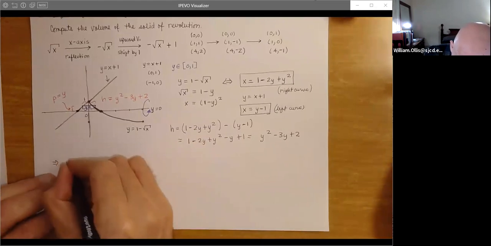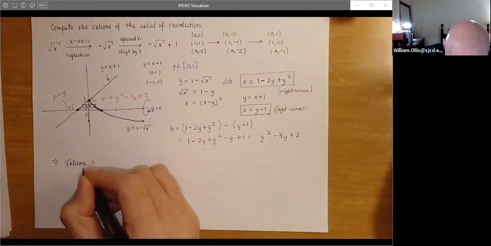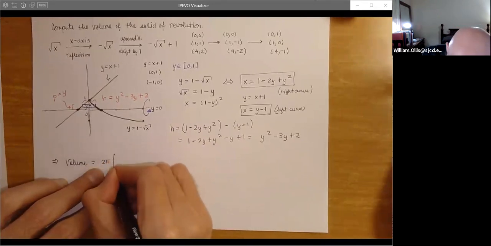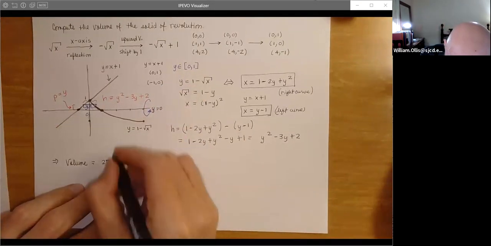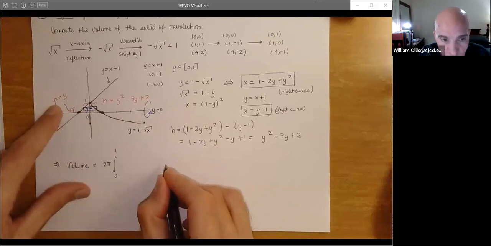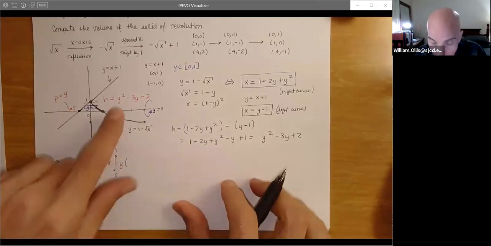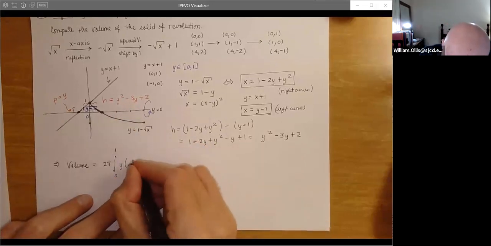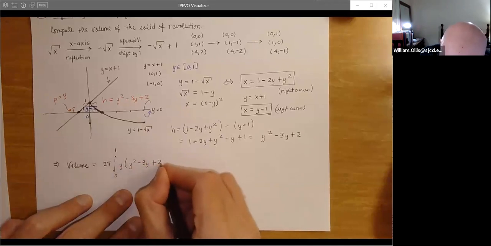So by definition, this implies now that the volume, I'll go ahead and write it out, will be 2 pi, and so the limit 0 to 1, distance to the axis of revolution, y, and the height of the strip, which we calculated here, y squared minus 3y plus 2 dy.